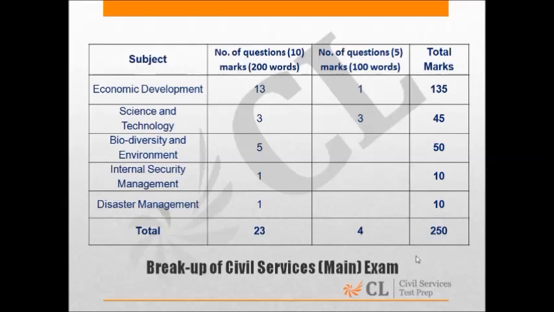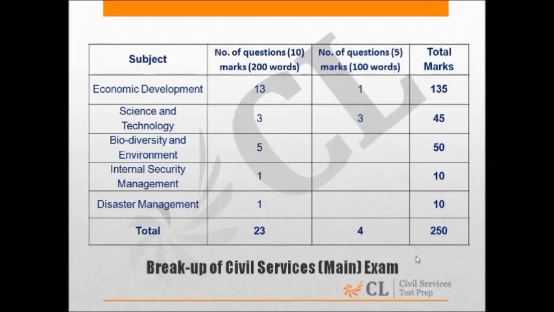Friends, you are well informed that General Studies paper 3 mainly comprises the following topics: economic development, technology (it is written technology, but we consider it as science and technology both), biodiversity, environment, internal security and disaster management.